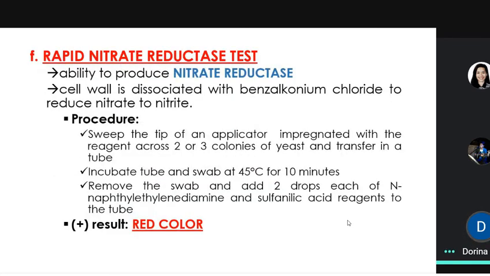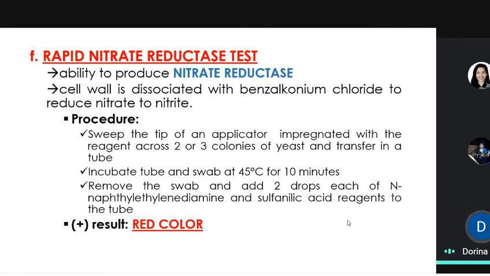Then, we also have your nitrate reductase. Again, it is the ability to produce nitrate reductase. So, ang procedure, you sweep the tip of an applicator impregnated with the reagent across 2 or 3 colonies of yeast and transfer in a tube. Incubate the tube and swab at 45 degrees centigrade for 10 minutes.